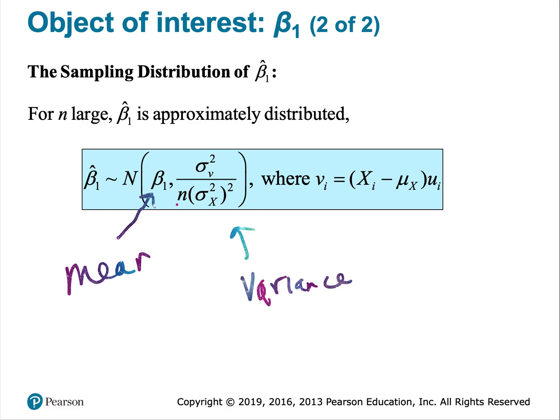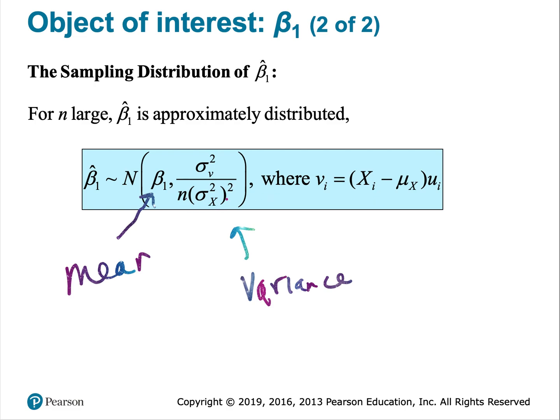So the variance of v over n times the square of the variance of x, where we have defined the variable v as equal to the product of ui times the difference of xi and the mean of x.